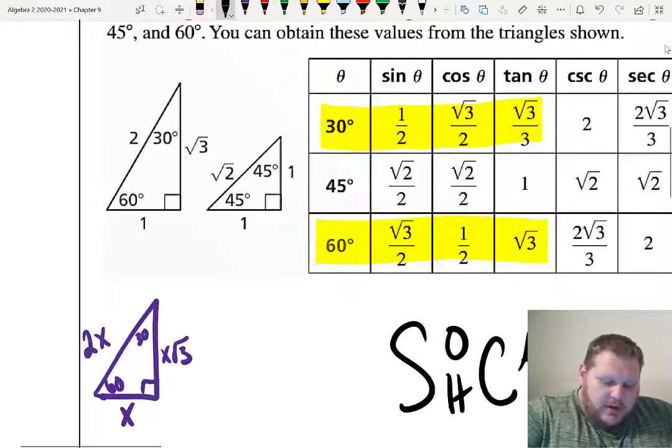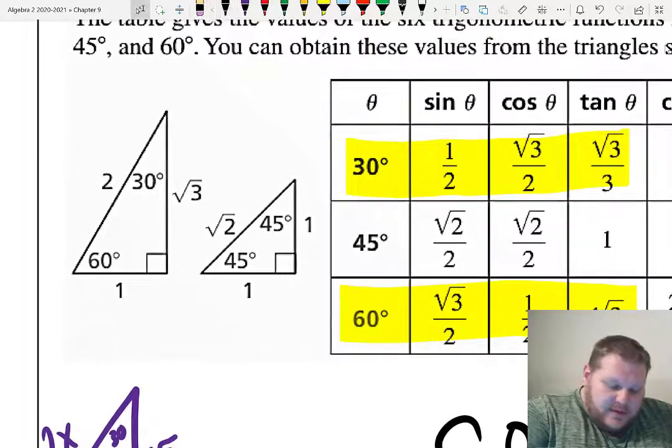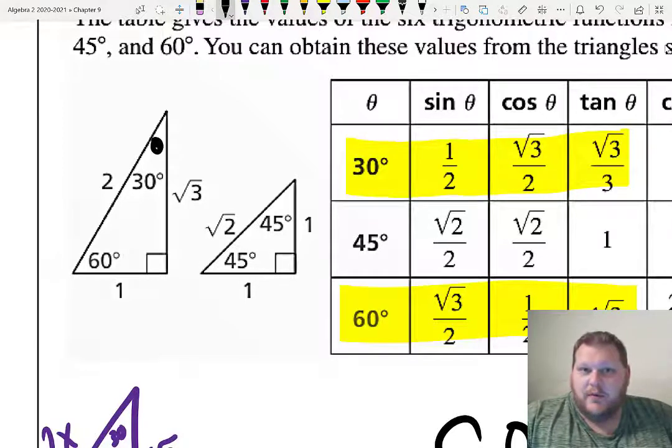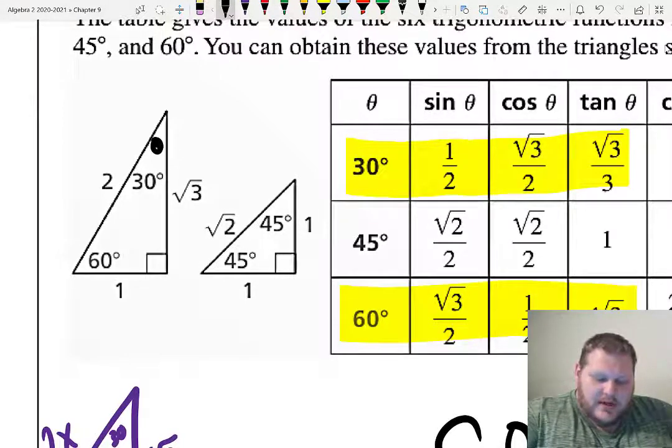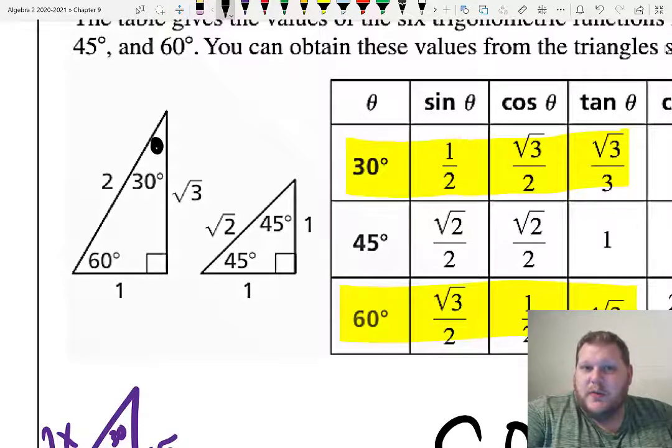So all we're doing here for 30 degrees, if we say that this is our theta, that means the opposite is 1, the hypotenuse is 2, so that's where the 1/2 comes from. The cosine would be the adjacent over the hypotenuse, so square root of 3 over 2. And then my tangent is the opposite over the adjacent, which would be 1 over the square root of 3.